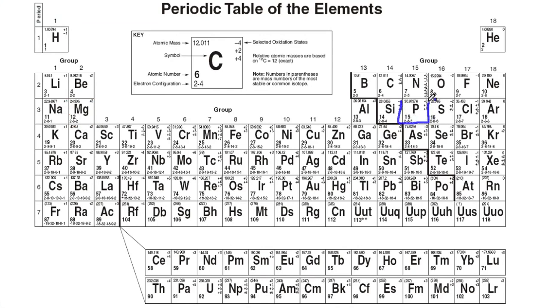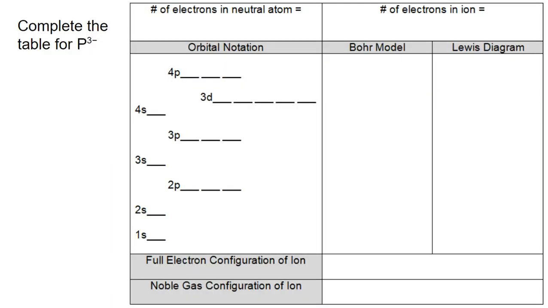It's element 15. Okay, which means that phosphorus has 15 protons, and as a neutral atom, it also is going to have 15 electrons.